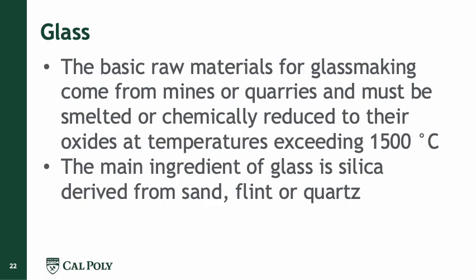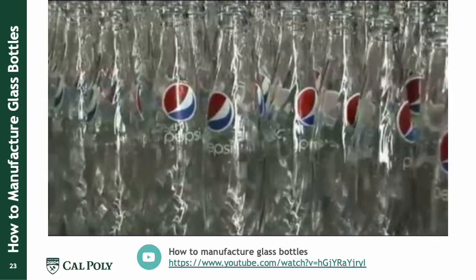And this prevents the passing of light, which is very important because light can cause undesirable reactions. And glass also has low toxicity, or no toxicity, and it has several advantages as a food package.